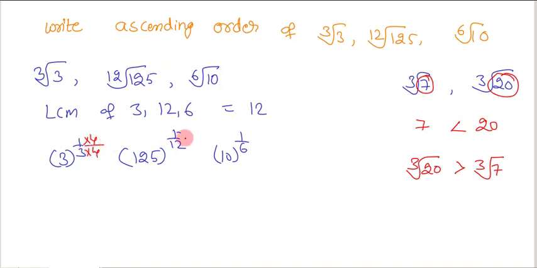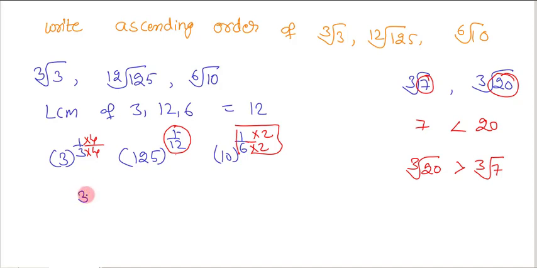The second surd is already of order 12, so no change is needed. The third surd has denominator 6, that means order 6. To make this 12, multiply by 2 by 2. So that you get all these surds of order 12.